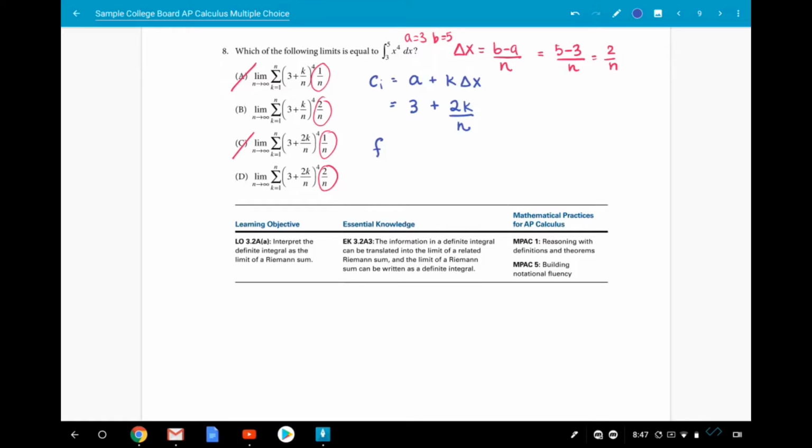Then you're going to evaluate at the function. I substitute this 3 plus 2k over n into my x to the 4th, and I get 3 plus 2k over n to the 4th. That's what you're looking for, what you want inside your sum. So it's going to be D. And remember, we're going to take all these little rectangles, make an infinite amount of them, and add up all of their areas, and the answer will be D.